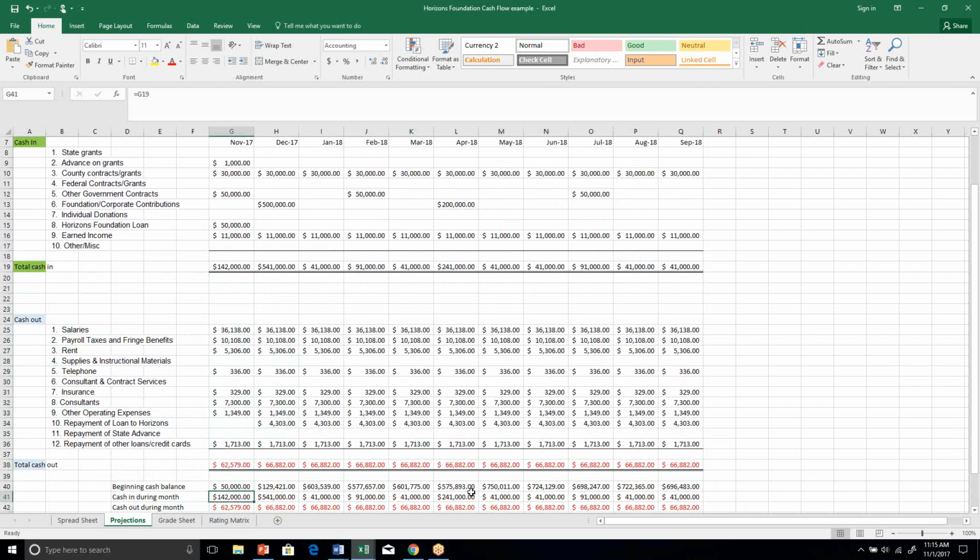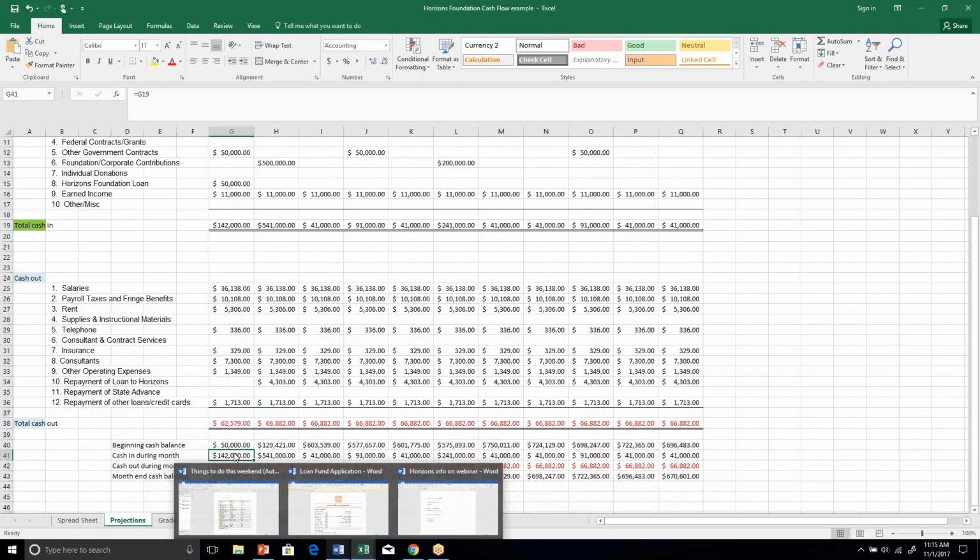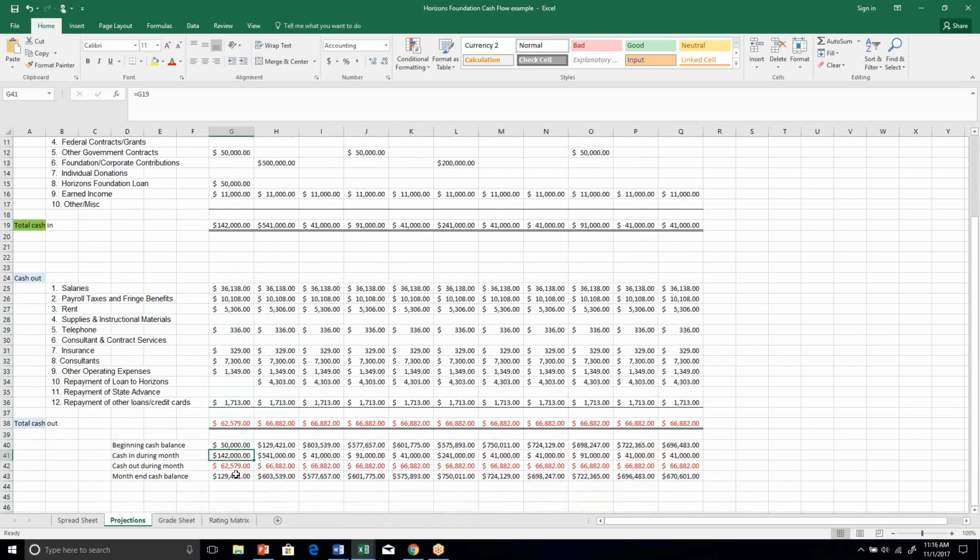So how does this all look? Well, this figure here is what you have in the bank right now. It's anticipated that in this scenario you have $50,000 in the bank. So this next number, cash in during the month, is just pulling directly from up above, $142,000. Cash out during the month is pulling from right here, $62,000. So these are all different formulas.